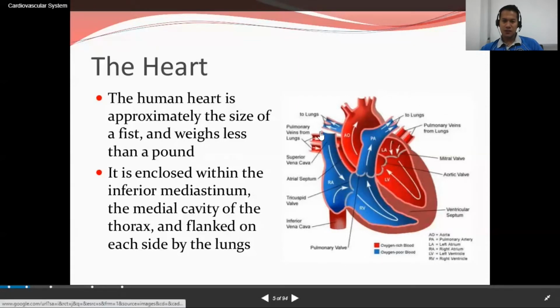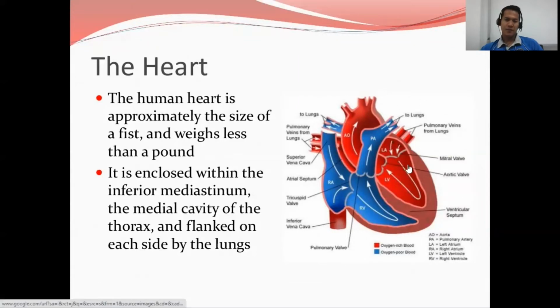In this picture, you will see arrows, and you will notice there's a blue blood and a red blood. I will explain this picture first. The blue blood is the oxygen-poor blood I made mention of a while ago.